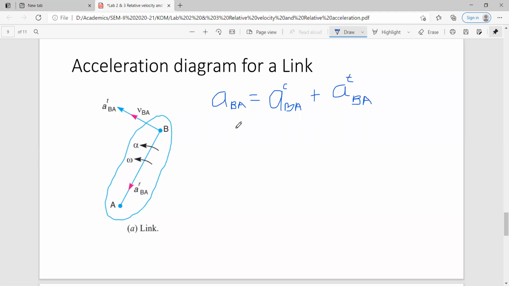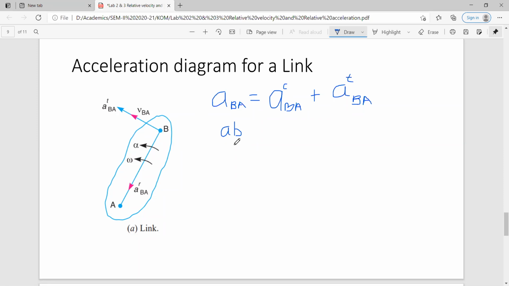AB, correct. I told you in last practical how to write the name of the vector. So name of the vector will be AB. This vector will start from point A and will end at point B.